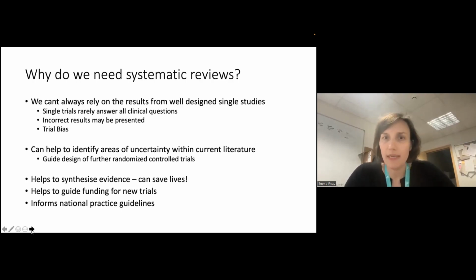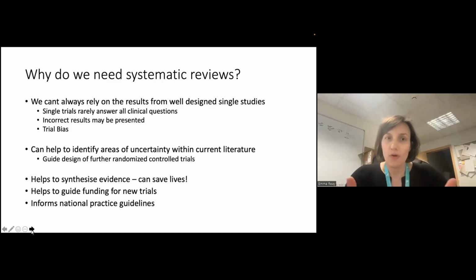So why do we need systematic reviews? Well, we can't always rely on the results even from well-designed single studies, such as the studies that Chris was describing earlier on. Single trials rarely answer all the clinical questions, and sometimes the incorrect results may be presented.